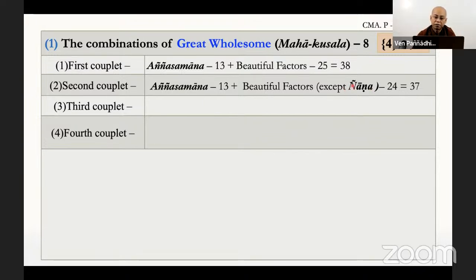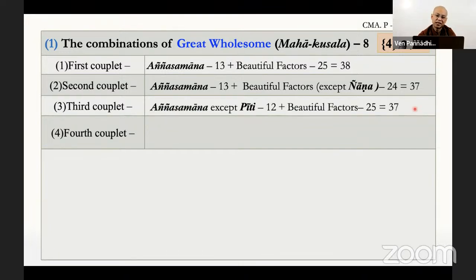What is meant by jnana? Do you know? The wisdom faculty, the cetasika, that is Pannindriya cetasika. So except Pannindriya cetasika, 24 beautiful, altogether 37. And for the third couplet, how many? 37. Because there is no piti, but there is jnana.